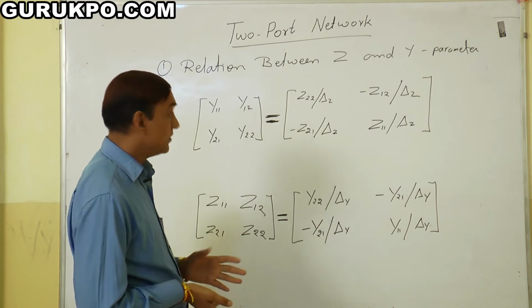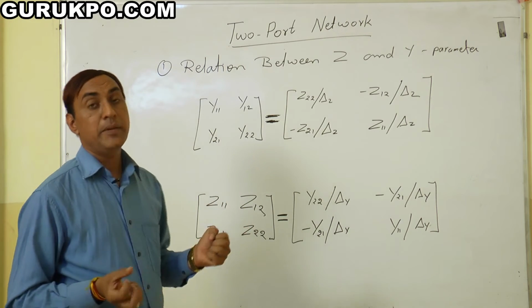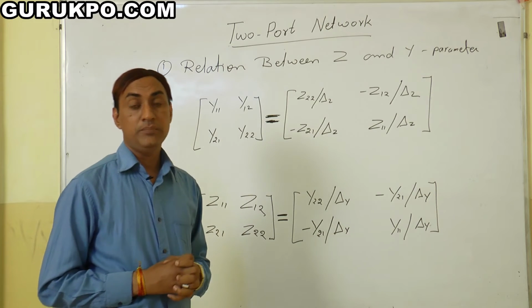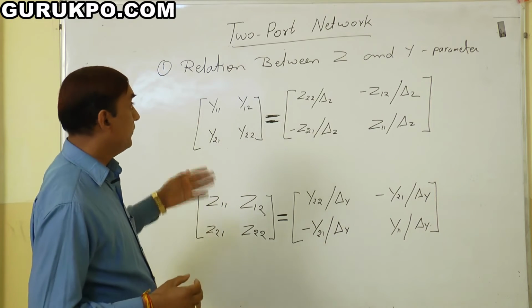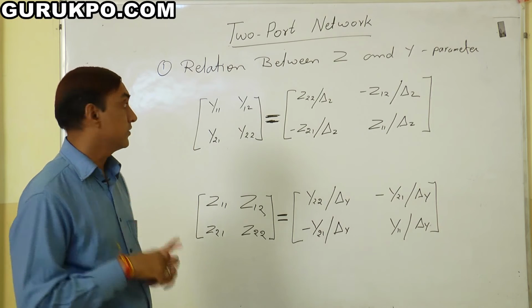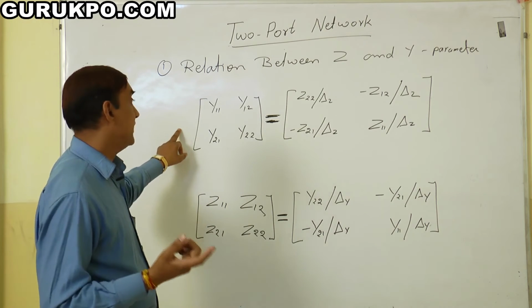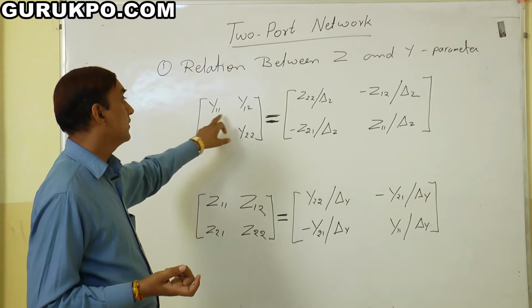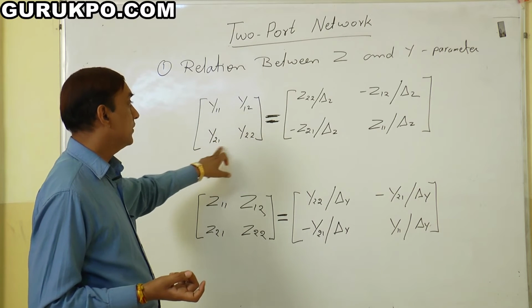So what is the equation? Here we get a matrix form of the parameters. If we want the Y parameters from Z, we can use the first matrix: Y11, Y12, Y21, Y22.